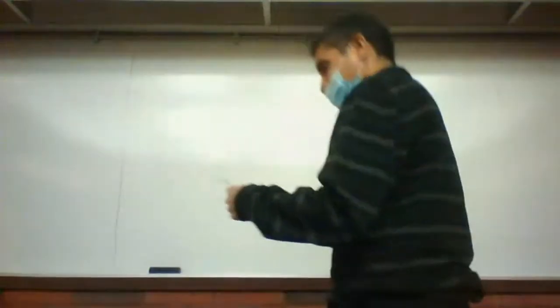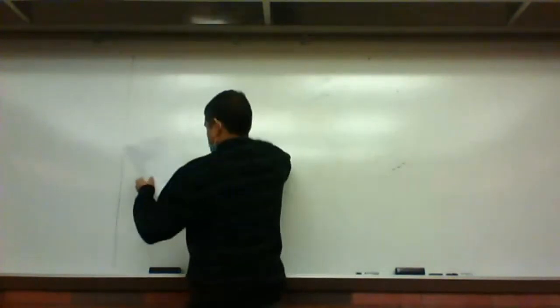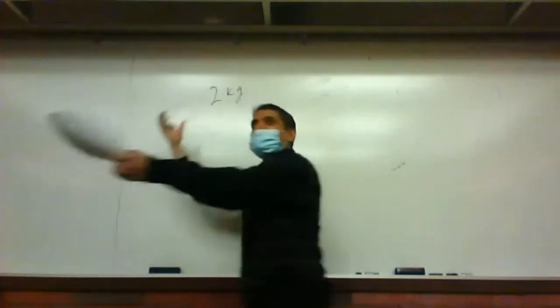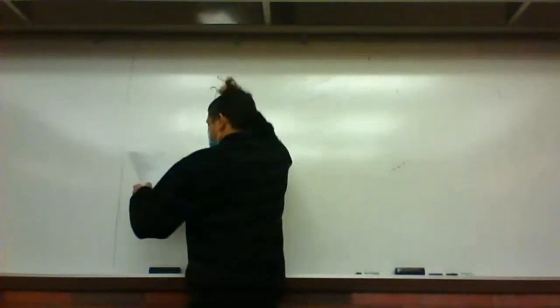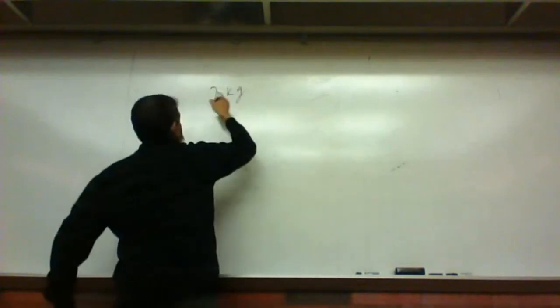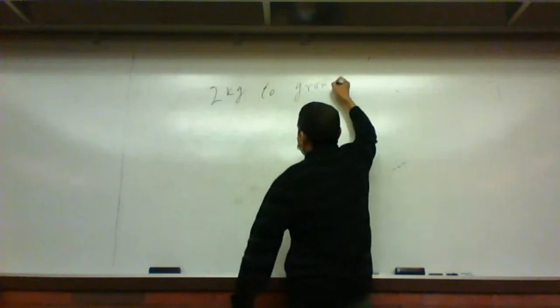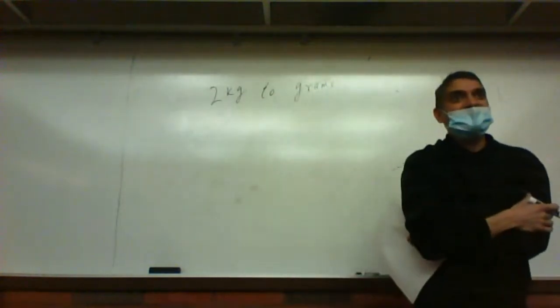Yeah. So I'm now on slide 8. Let's say you have 2 kg of water. I think you already know this from high school or other courses. This is converting 2 kg to grams. Your job is to convert it into grams, right?